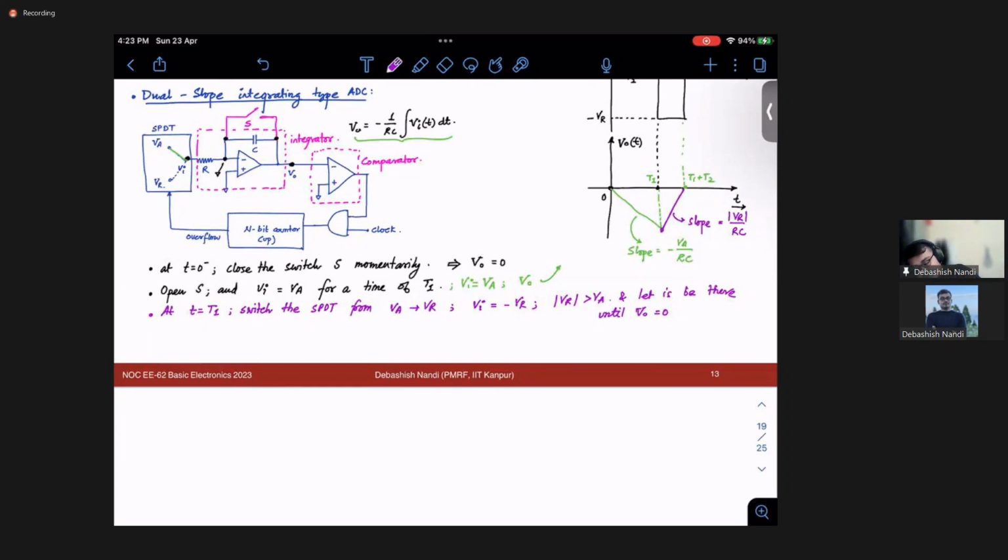Okay. So I use a comparator to see when minus V naught is more than 0.